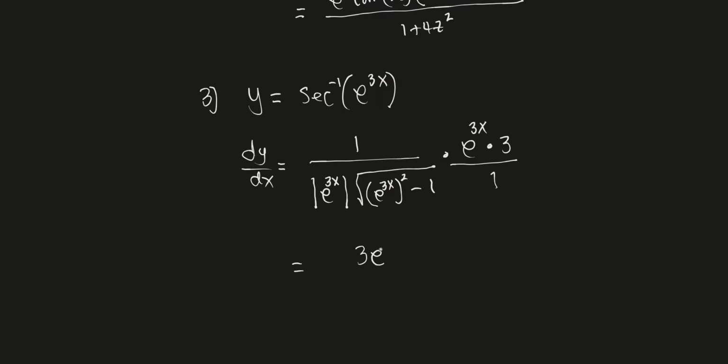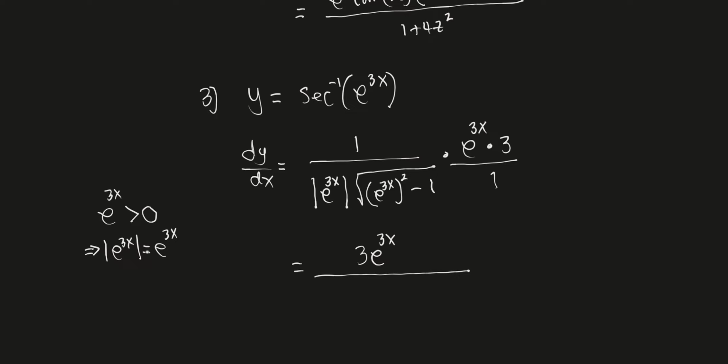It's 3e to the 3x. In the denominator, now e to the 3x, this is a property of exponential functions, e to the 3x is always positive. So the absolute value of something positive just returns that same thing. So the absolute value of e to the 3x is still e to the 3x, right?